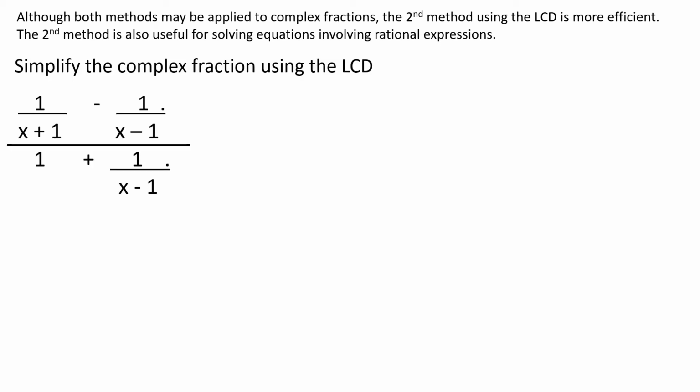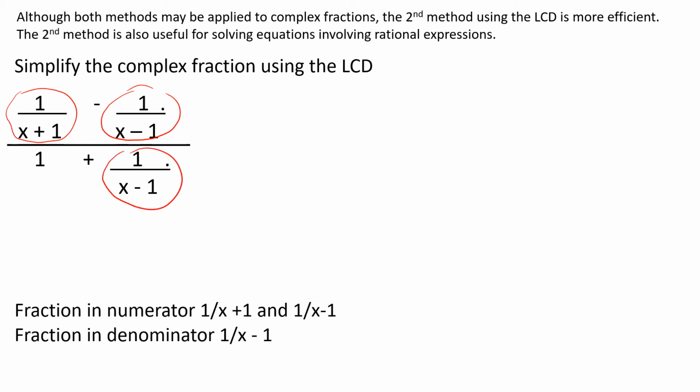So here we have a complex fraction, and we're going to use that LCD method again. Now, what's interesting is in the numerator we have two fractions. We have this fraction and this fraction, and in the denominator we have one fraction. So when you are finding the LCD, you are considering all three fractions, right?